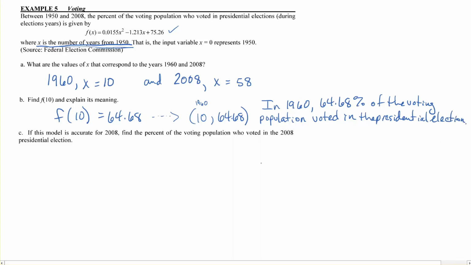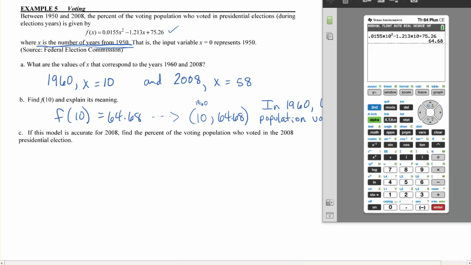Okay. Now, if this model is accurate for 2008, find the percent of the voting population who voted in the 2008 presidential election. We can do that quite easily. Just go up and copy that and replace the 10 with 58, 58 being 58 years after the year 1950. Okay, so we're going to hit enter. We get 57.048.